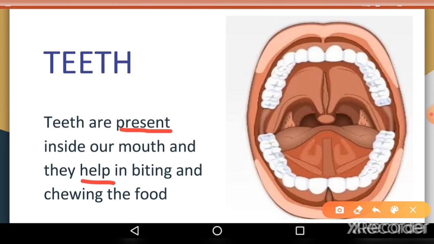This function is performed by hard structures which are called teeth. Humans have different types of teeth that perform various different functions such as cutting, tearing, grinding and crushing the food.